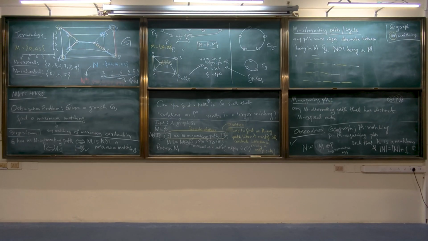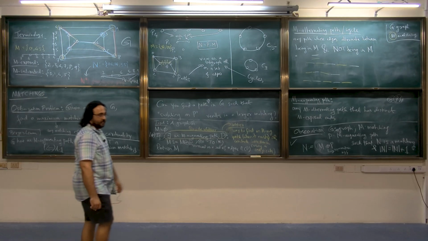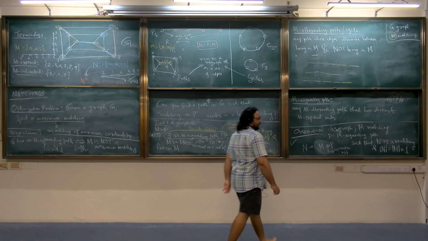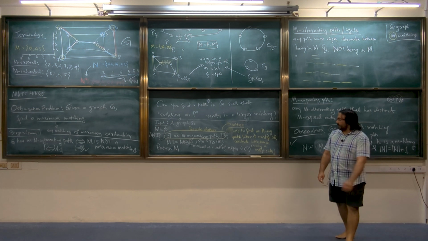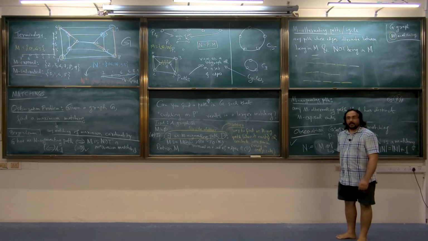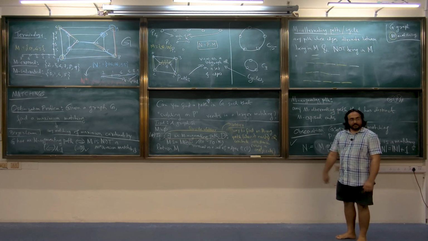Yeah? And this is not easy. This is hard. For bipartite graphs, the Hungarians and others have figured out how to do it back in the 1930s and so on. For general, that means non-bipartite graphs, it was Edmonds 1965 who figured it out.